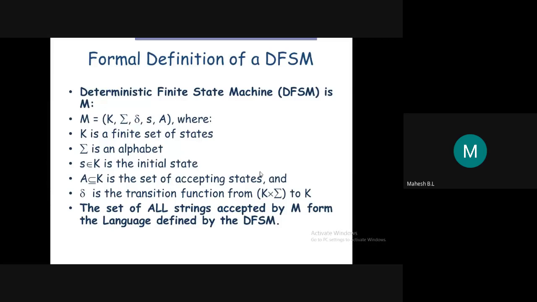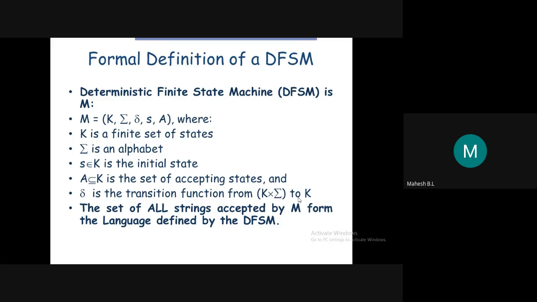So that is the definition of DFSM. There are 5 tuples: K, the set of states; sigma, the alphabet; S, the starting state; A, the set of accepting states; and delta, the transition function, which is defined from K cross sigma to K. That is, delta takes one state and one input symbol, and gives another state as the output.